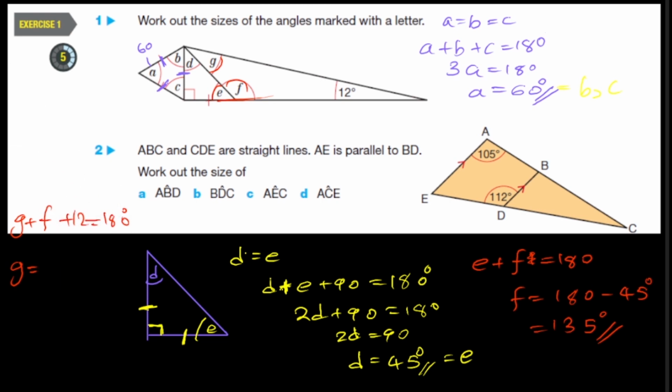We got 180 minus 135 plus 12. So it is going to be 33 degrees. Yes, that is going to be 33 degrees. G will be equal to 33 degrees.